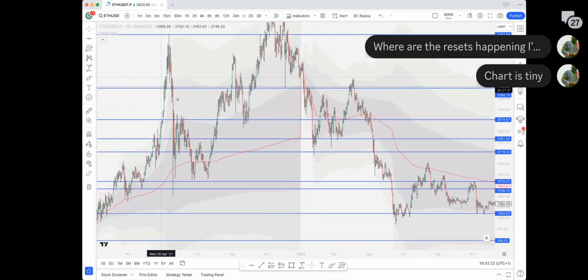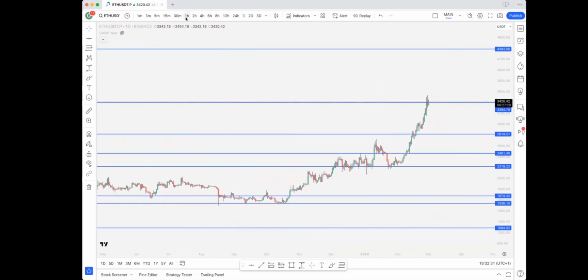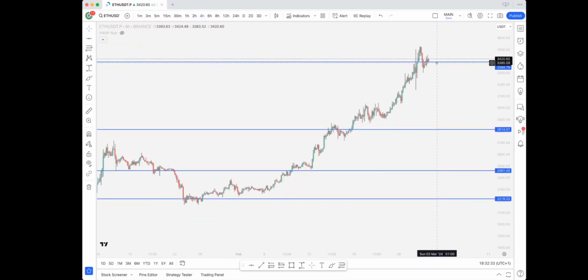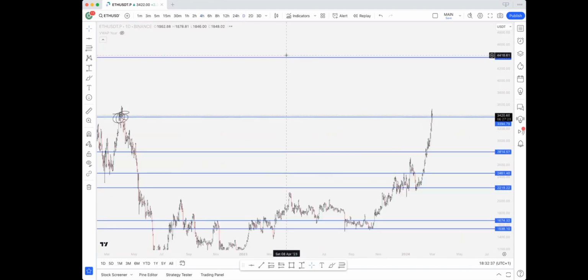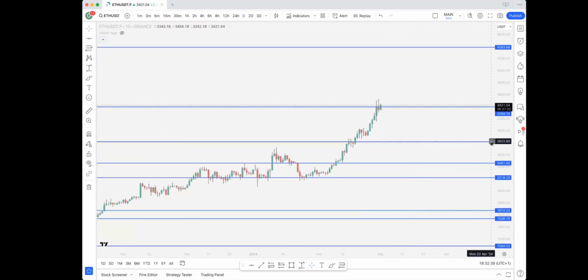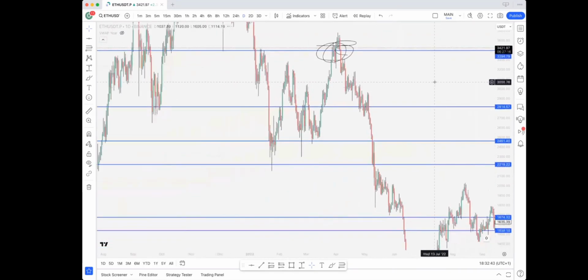So this reset happened here. Clear support, resistance. Over. We'll zoom in. Clear resistance and support again, especially on the 1 day, I can see perfect daily close below this level, all the way from 2021.